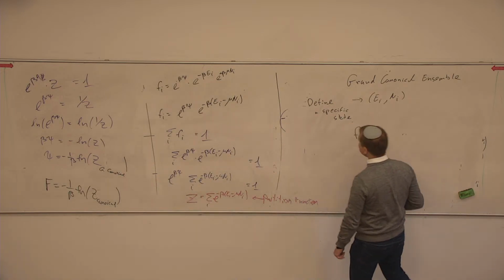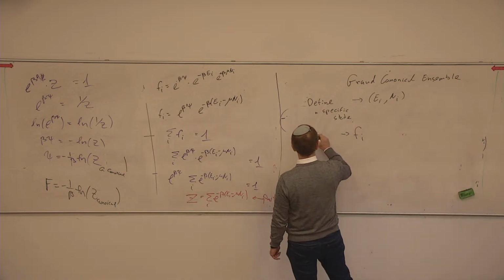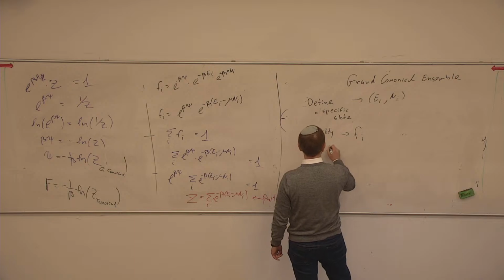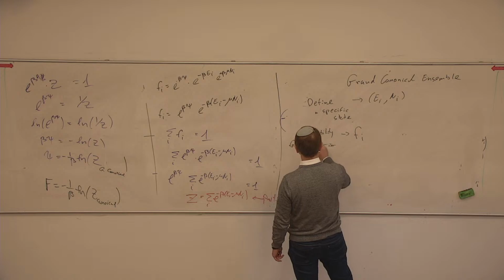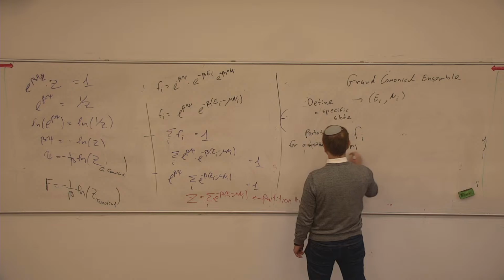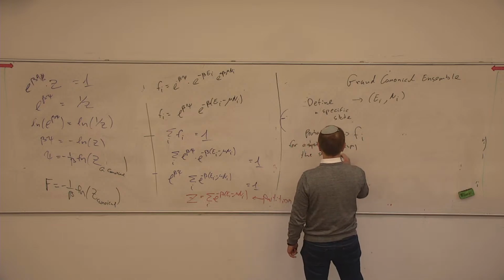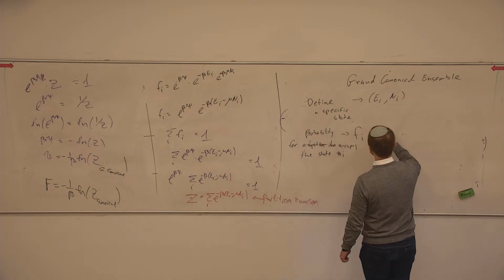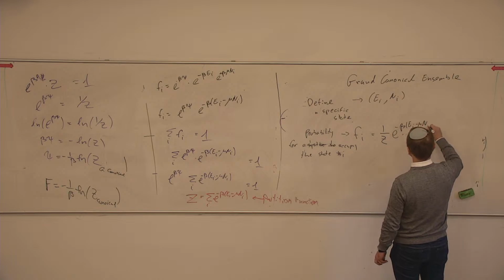The probability for a system to occupy the state number i is 1 over Z e to the power minus beta (Ei minus mu Ni).